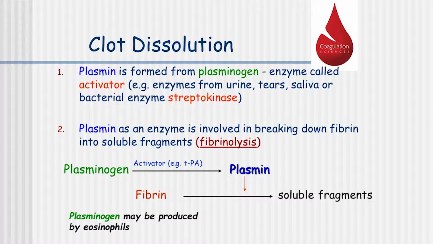Okay, so dissolving blood clots, we have plasmin, which is coming from plasminogen. Plasminogen is converted into plasmin, and the plasmin dissolves the fibrin into soluble fragments.